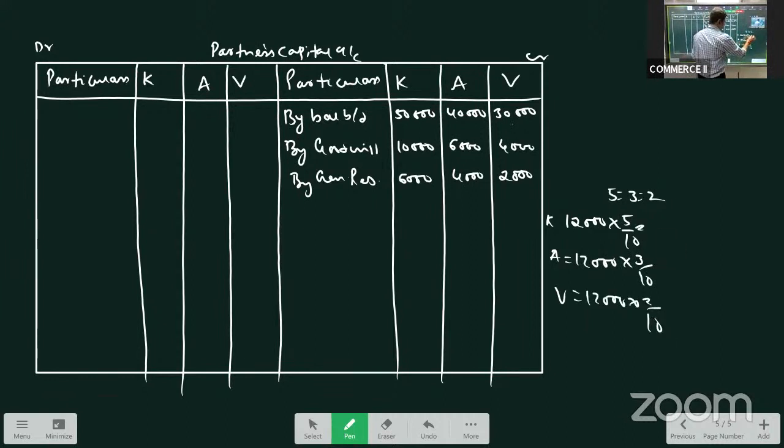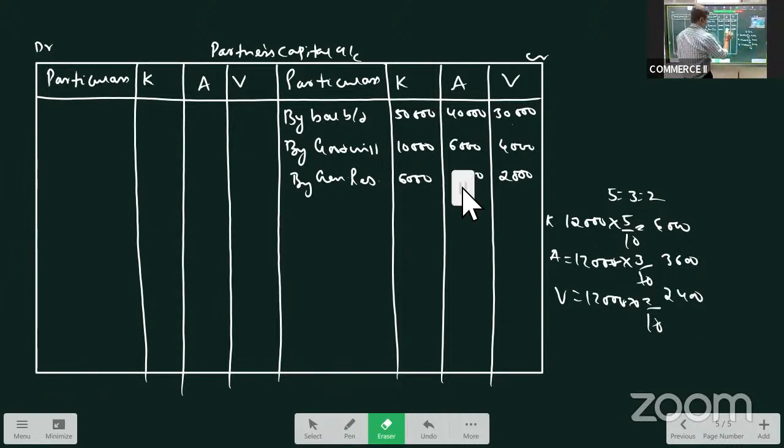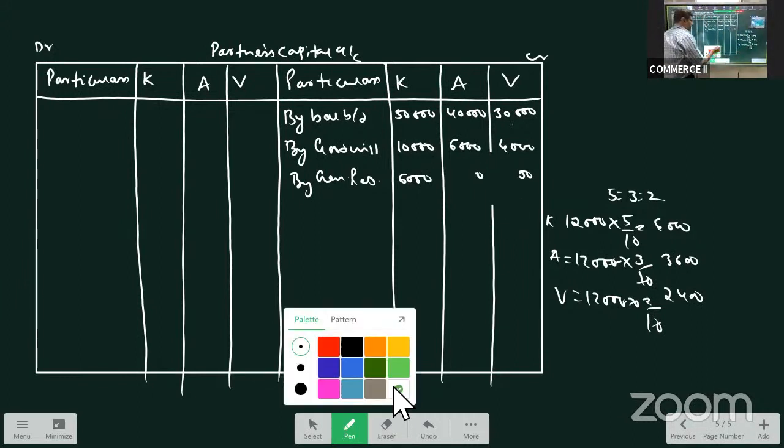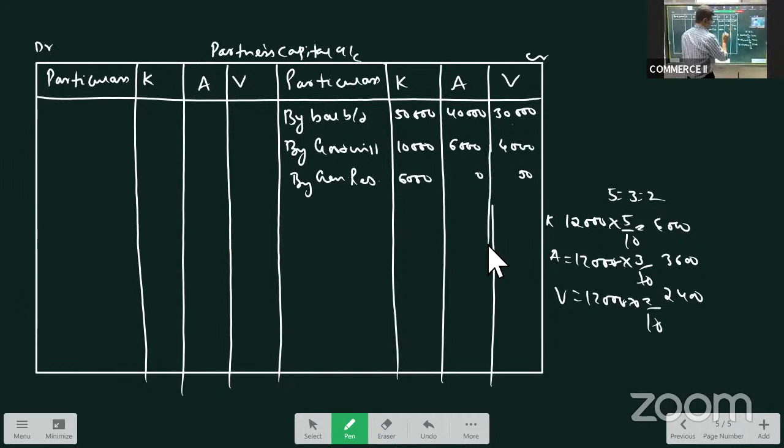So this is 6,000, 3,600, and this is 2,400. What else? Revaluation profit is not there because, as I told you, I did a little correction in the question.